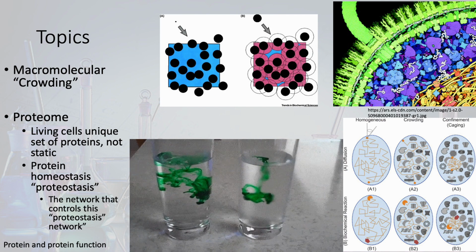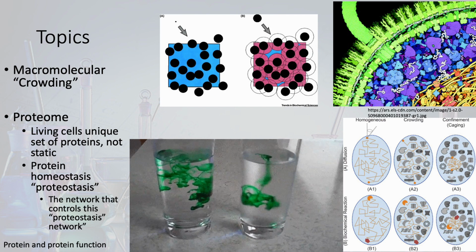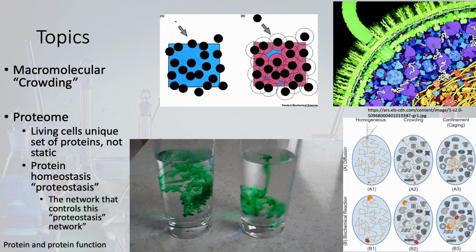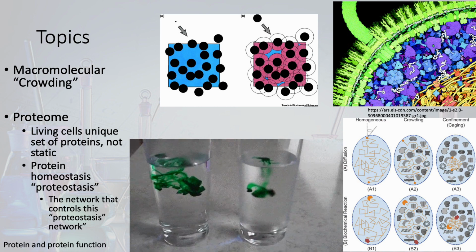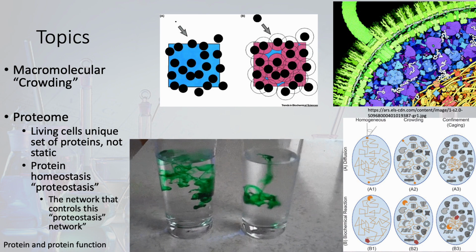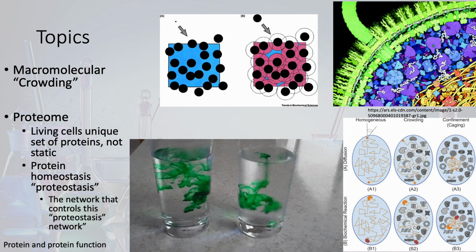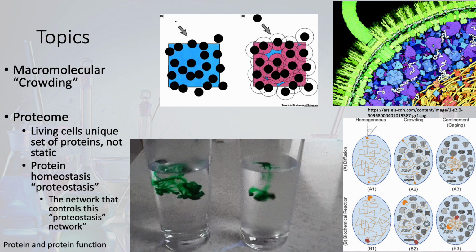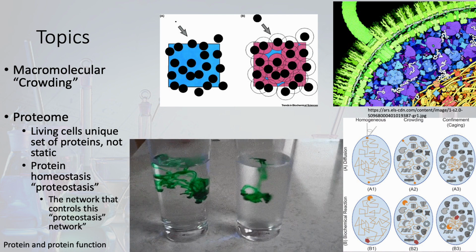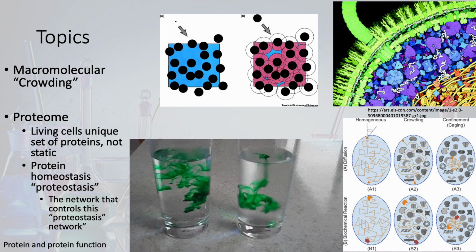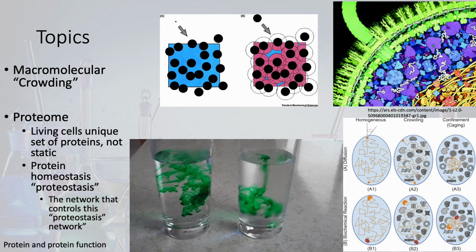So one term that we'll see come up a couple times throughout the semester when we talk about protein function as well as diffusion through a cell is macromolecular crowding, right? Macromolecular crowding is essentially a phenomenon where you have a low overall concentration of something. There aren't very many of them in a large volume of, say, solvent or liquid inside a cell.